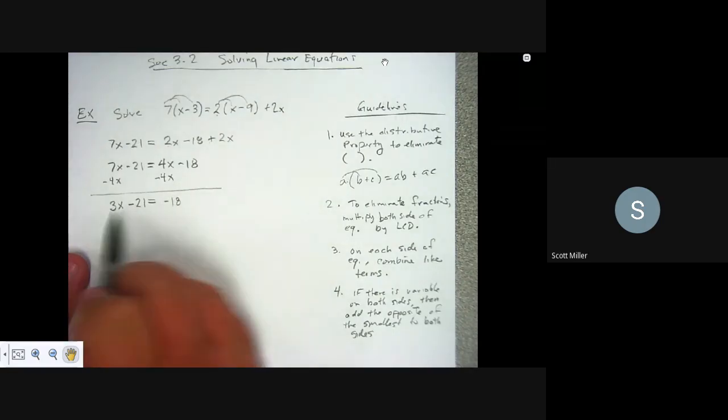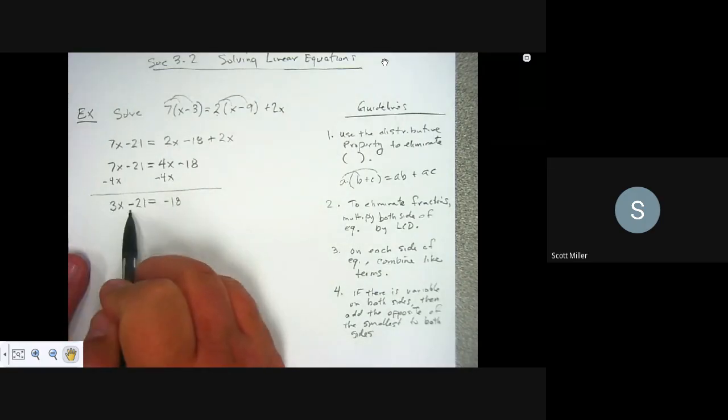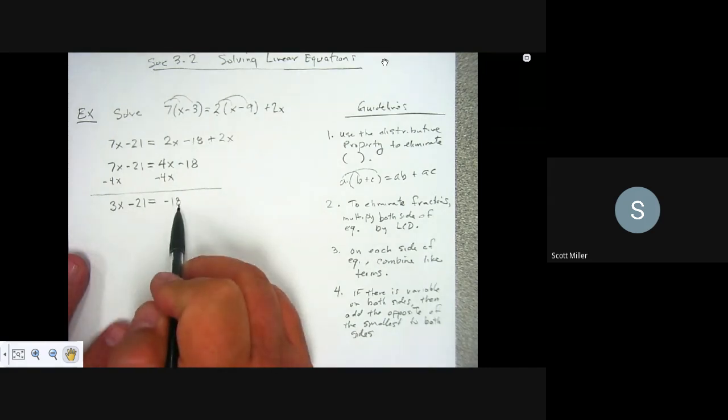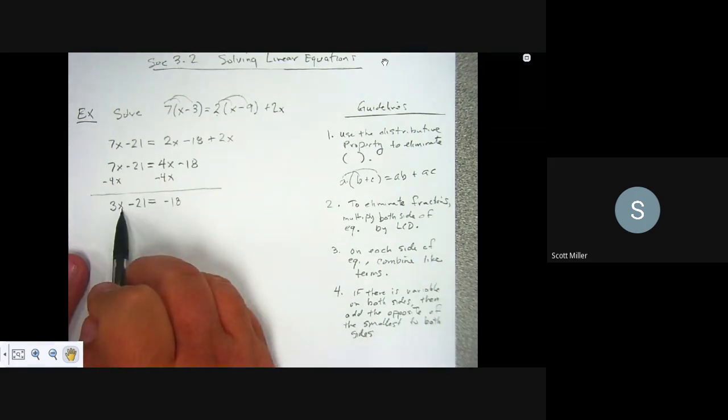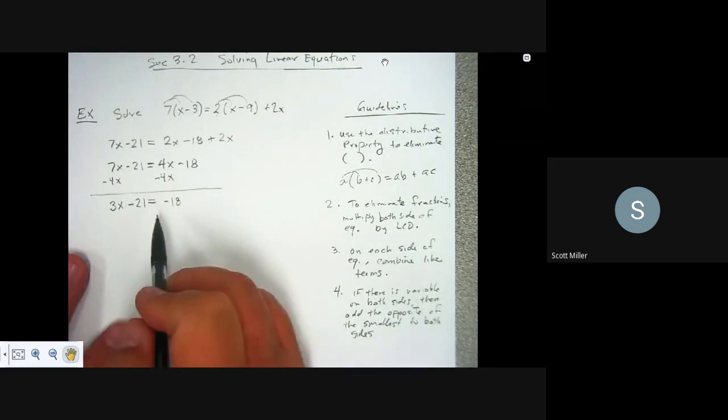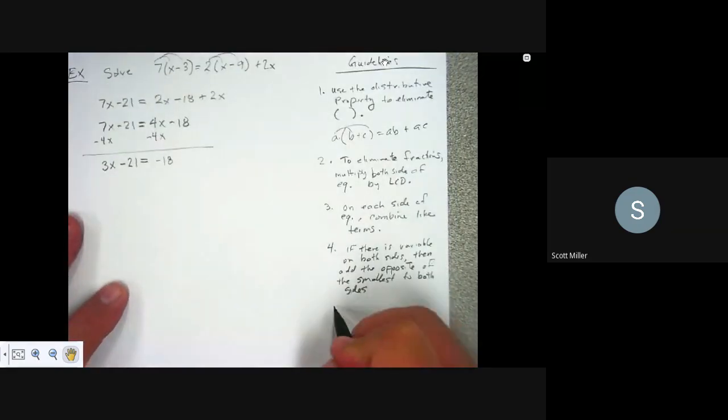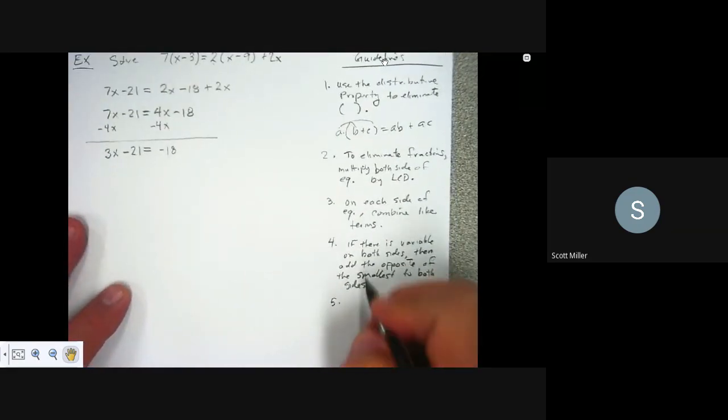In this situation, I have a variable term and a constant term, equal to a constant over here. We're trying to get to x equals, so I need to undo these things that are going on. So the next step is to add the opposite of the constant to both sides.